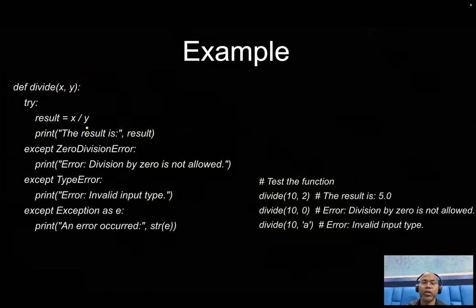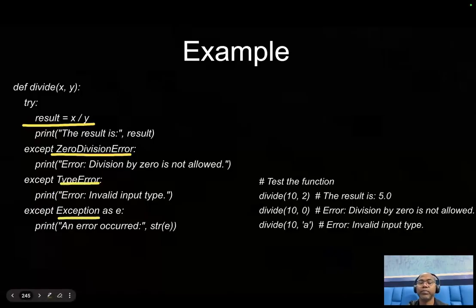Okay, so here, same as we are dividing by 0, and this is the zero division error, or a type error, or exception. So if you pass 10 divided by 2, it is the right scenario, division happens, and you are getting the proper result.